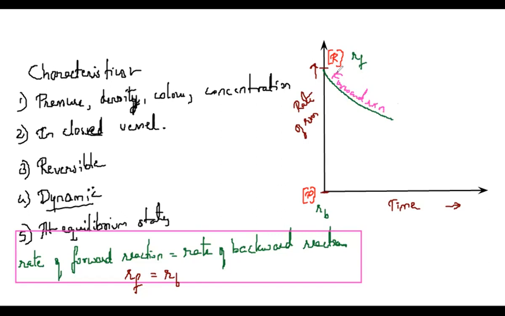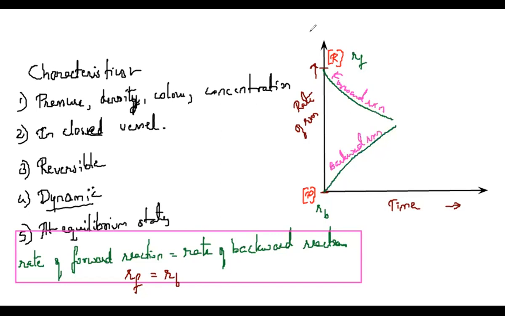Then what happens to the backward reaction? As the reaction starts, the rate of backward reaction goes on increasing. This is the backward reaction, correct? It is 0 in the beginning and goes on increasing.